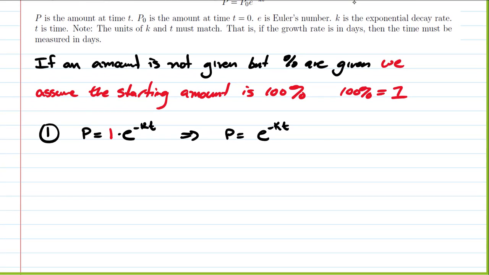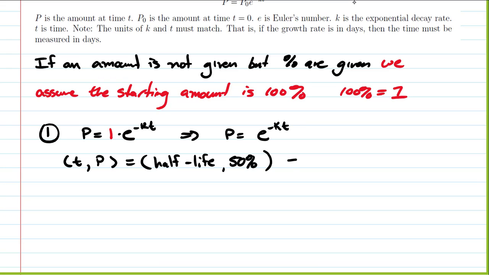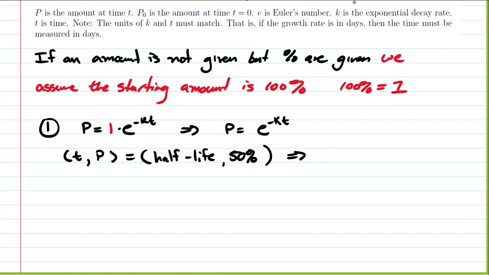So our ordered pair is going to be t and p. It's going to be our half-life. And since we weren't given amounts, half of what we started with is going to be 50%. So if I started with 100%, half of 100% is 50%. So this gives me our ordered pair as 5,730, 0.5.